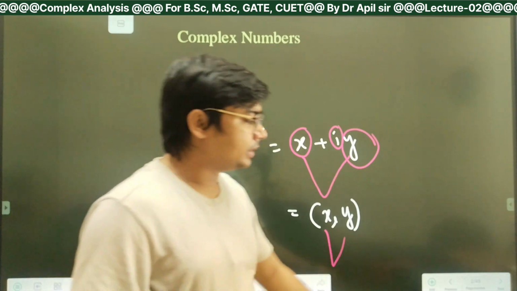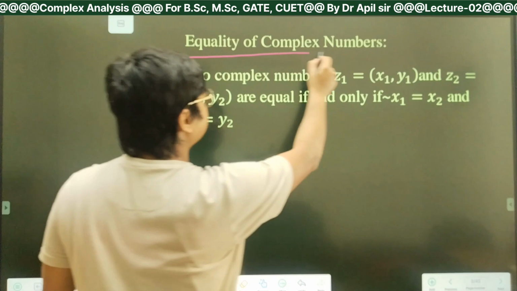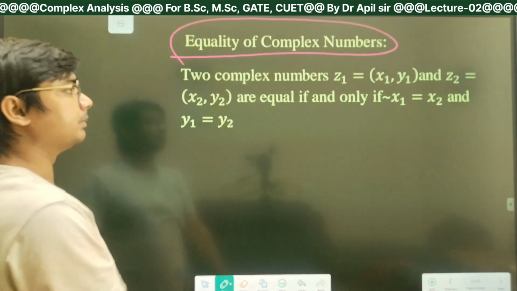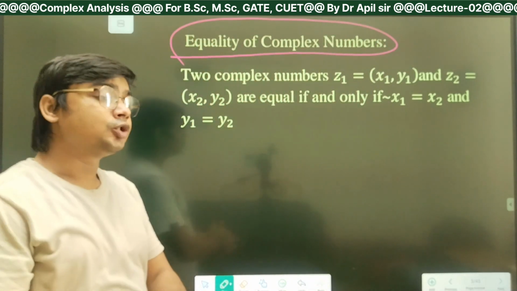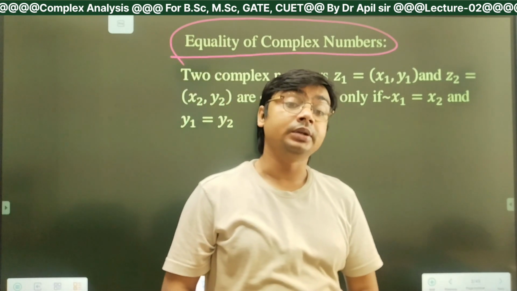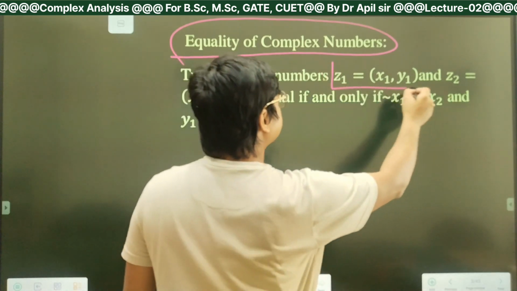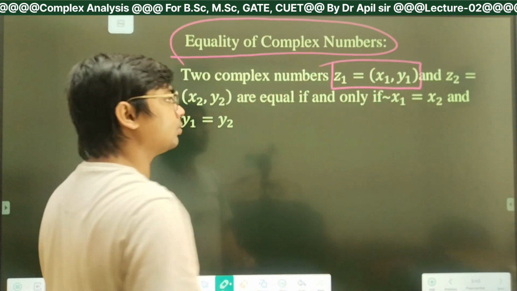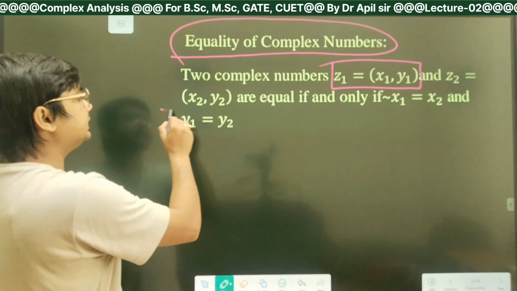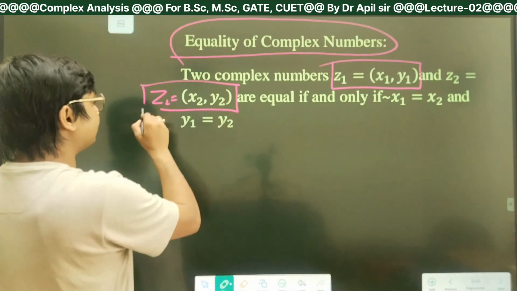So one concept is the equality of two complex numbers, that means when two or more complex numbers are called equal. Suppose we consider this as one complex number and this as another complex number.